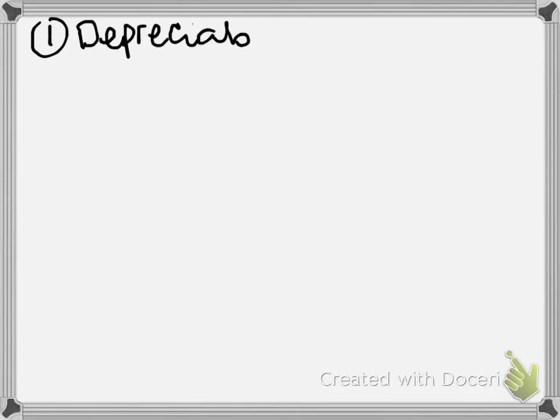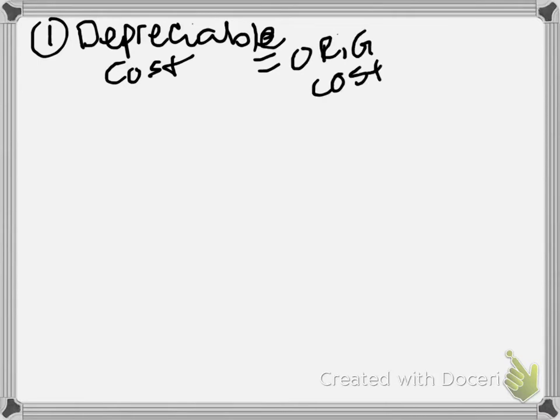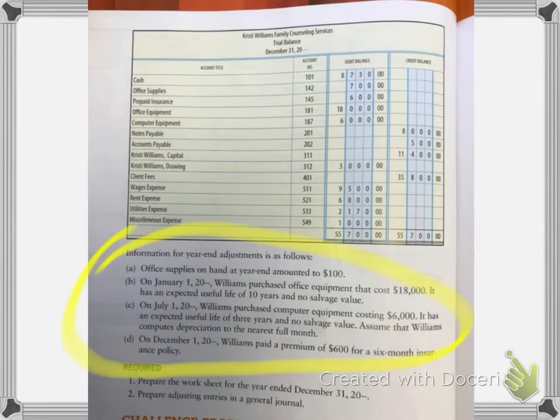The first step is that you must determine depreciable cost. And that equals the original cost minus salvage value. According to our textbook, the original cost was $18,000 and there's no salvage value.